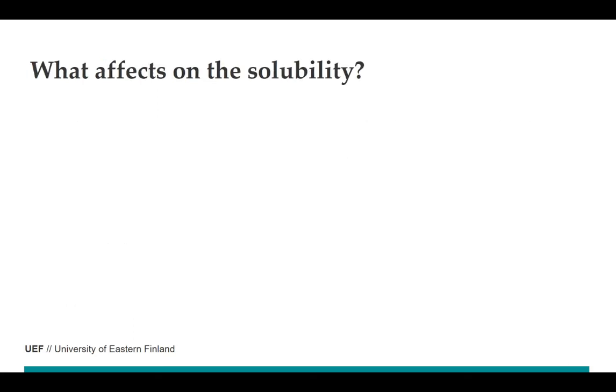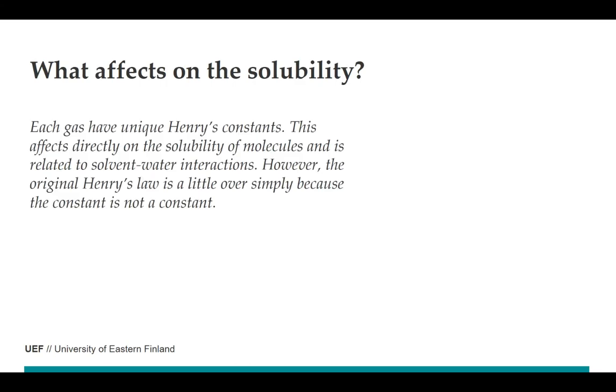But the problem is that Henry's constant is different for different gases. That could be easily taken into account by using just a different value. But the problem is that actually this constant is not a constant. So it's a little bit of an oversimplification. It's a little bit bad science, but it's such a simple way to calculate it. So that's why we are using it.